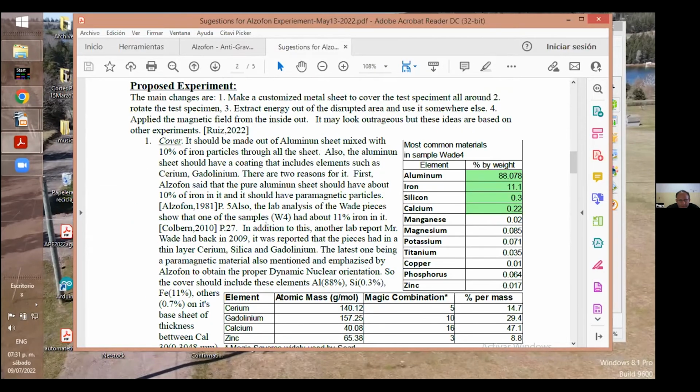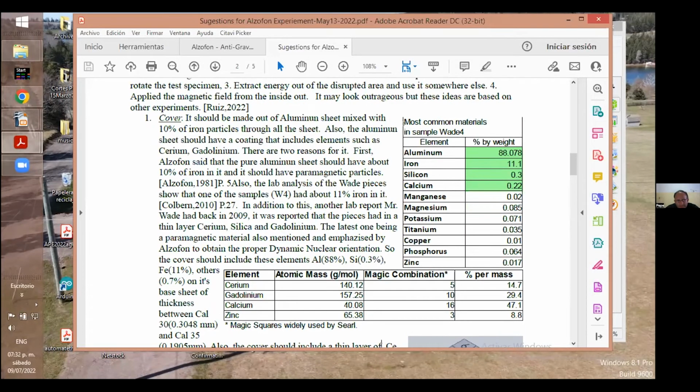There are two main reasons why I choose these elements. The first one was Mr. Wade's parts. I'm not sure if you guys heard about Mr. Wade, Chuck Wade. He found some parts in San Agustin in New Mexico.